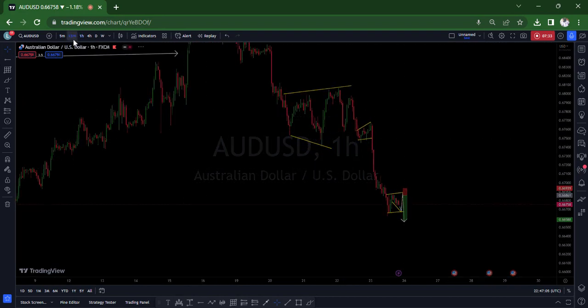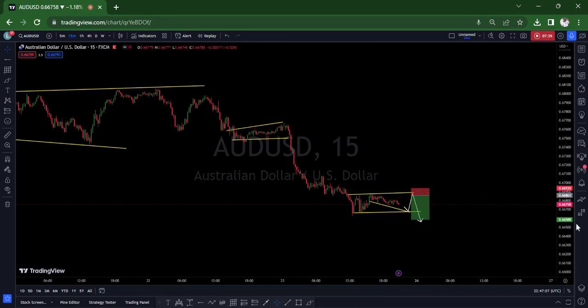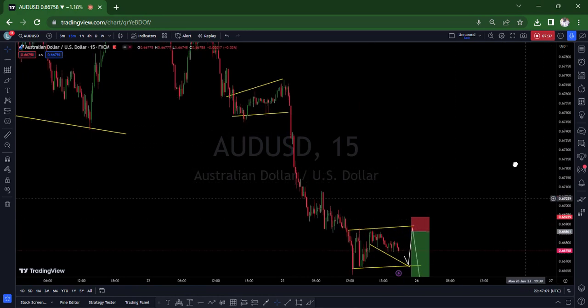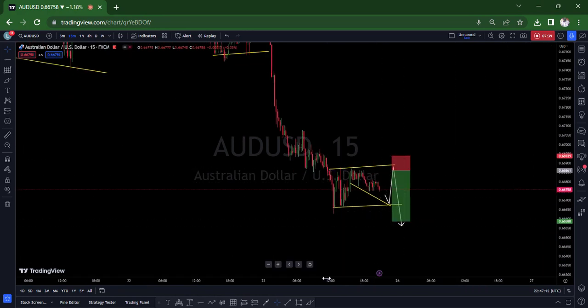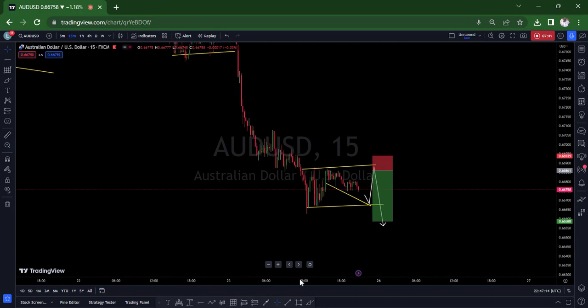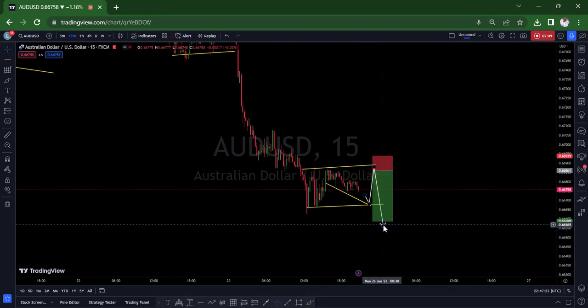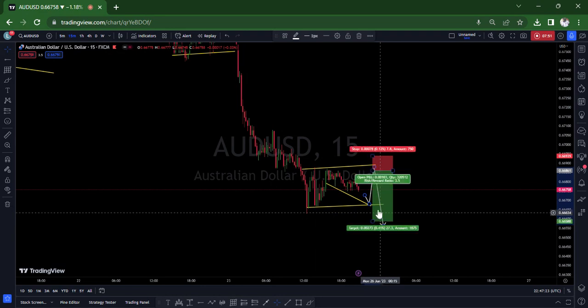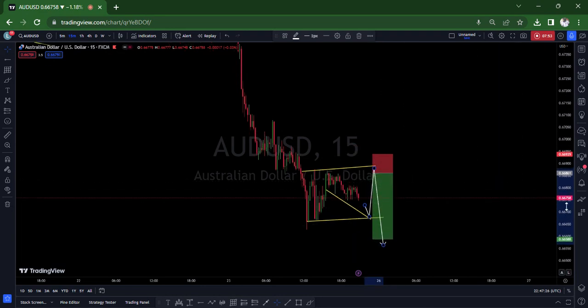So I made an analysis on this one, and this is actually what I'm taking. What I'll be looking forward to is waiting for the third touch here. One, two, and three. You can see it is trying to make something like this.